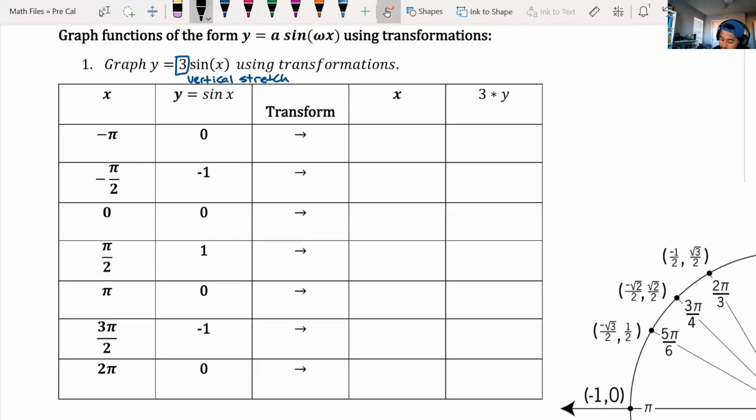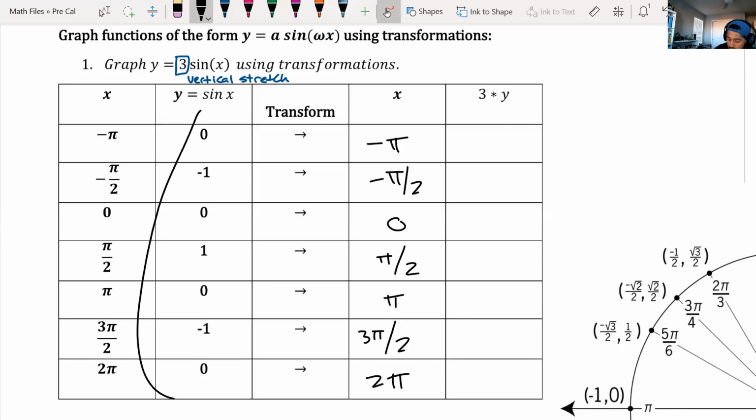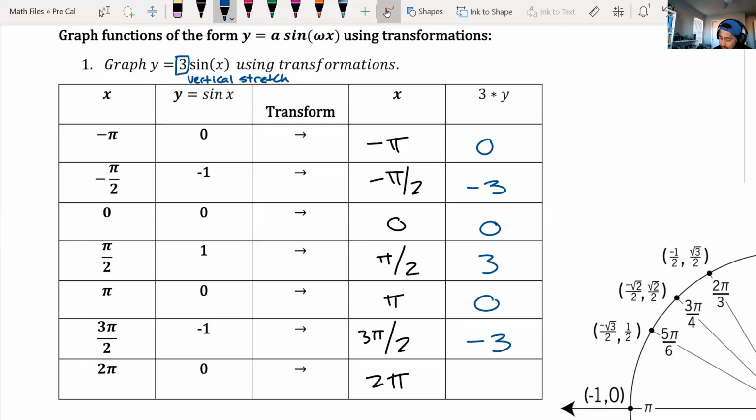So I'm still going to have -pi over 2, 0, pi over 2, pi, 3 pi over 2, and 2 pi. And all I have to do for this transformation is multiply all the parent function y values by 3. So that'll just be 0, -3, 0, 3, 0, -3, and 0.